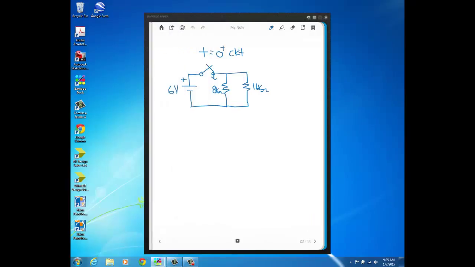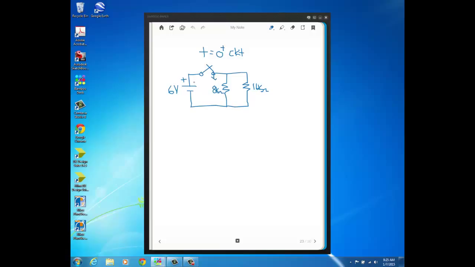So to do that, we look at the t equals 0 plus circuit, and here the capacitor is represented with a voltage source of the same value as the initial voltage, which in this case is 6 volts. This is based on the characteristic of a capacitor that it's going to have the same voltage across its plates just after a switch changes as the voltage it has just before the switch changes.